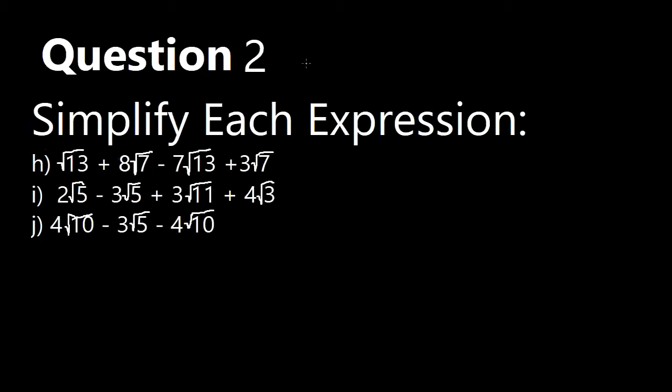So what have we got out the front of all of these? Let's do that first. So here we have a plus 1. Here we have a plus 8. And here we have a minus 7 and a plus 3. So now we're probably going to want to group them into little groups.